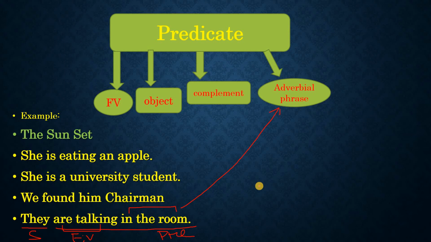So dear students, in the predicate part, I have gotten an element, that means adverbial phrase. Sometimes you can find three items: object, complement, adverbial phrase. Or you can find two elements or one element.